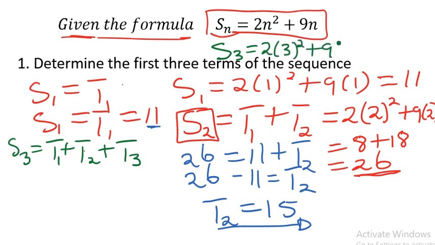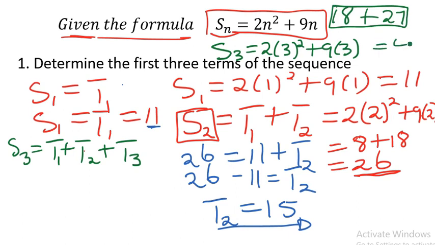So 3 squared gives 9, 9 multiplied by 2 is 18, and 18 plus 9 multiplied by 3, which is 27, gives us 45.